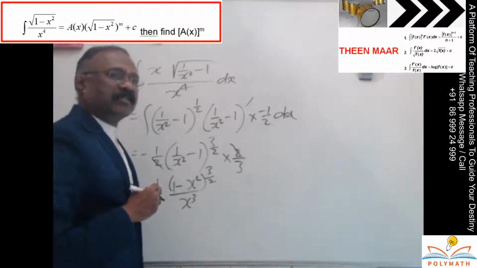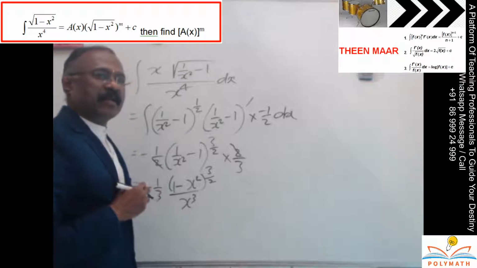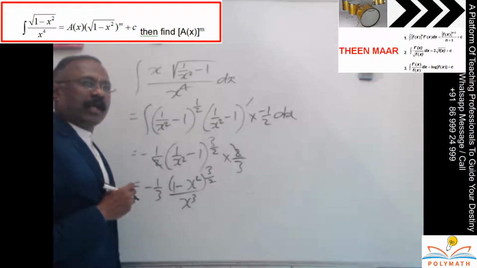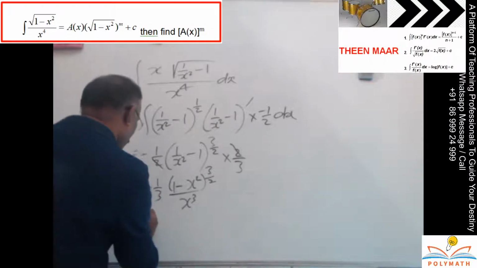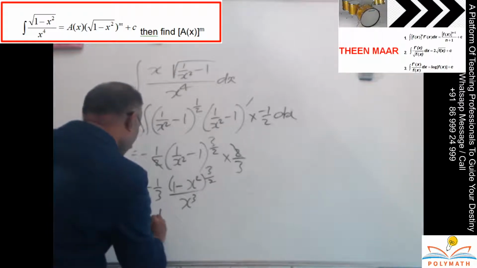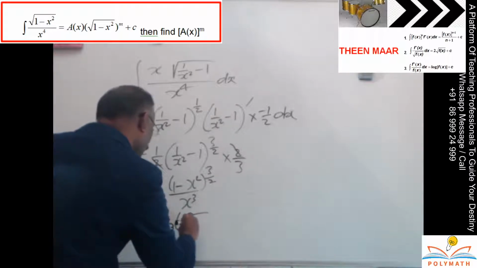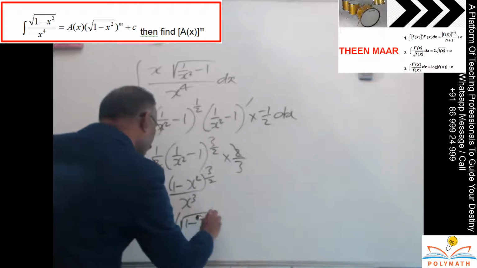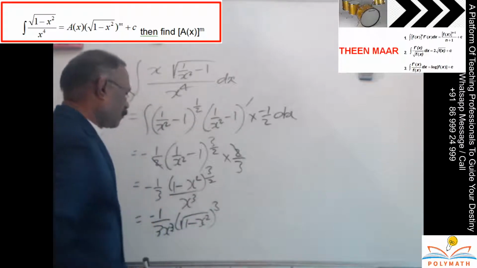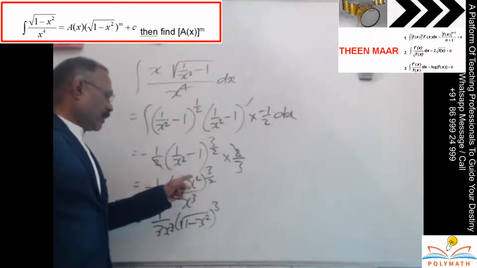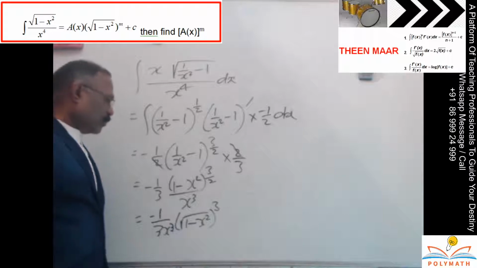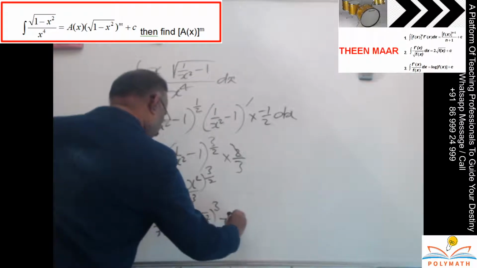Let us see how he adjusted it. He is writing it as root over 1 minus x square whole power m. So this is minus 1 by 3x cube into root over 1 minus x square whole cube. Just check it out. This whole power 3 by 2 I wrote as under root whole cube, plus c.